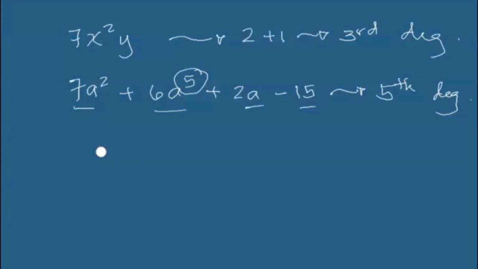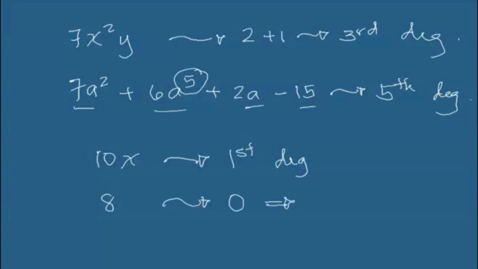What about this? What is the degree of this polynomial? Yes, the degree of this polynomial is 1, or first degree. What about 8? So in this case, this is 0. Okay, why?